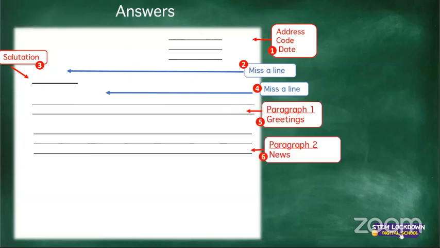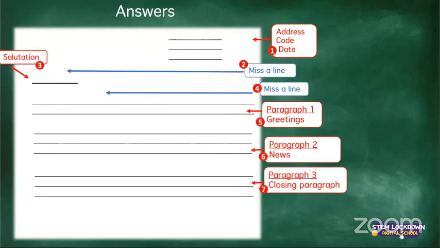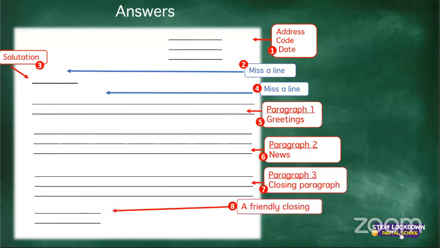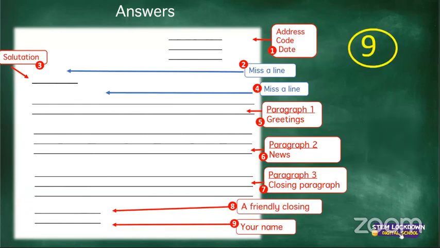Paragraph 2 is the news paragraph. Paragraph 3 is the closing paragraph, a friendly closing, and your name. And that was worth 9 marks. Right, 9 marks. So today you're being teachers as well as students.